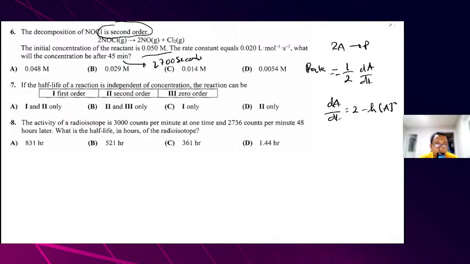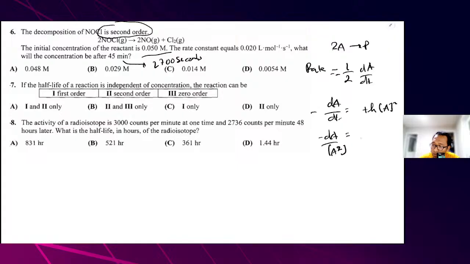So now we need to put in here. Okay, this one kind of like this. So this is minus, we can put it over here. Okay, this is plus, right? And then using the differential rate equation, we will get minus da/a squared, right?